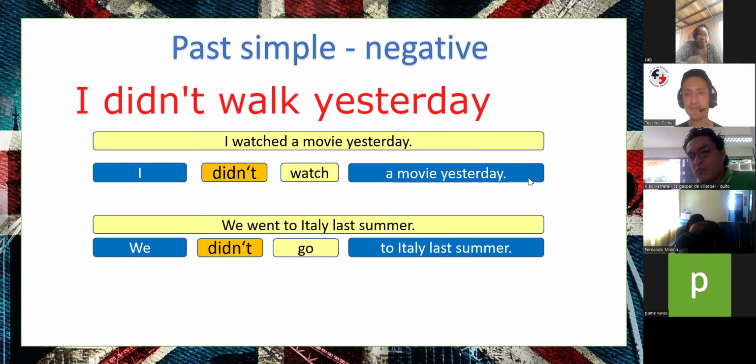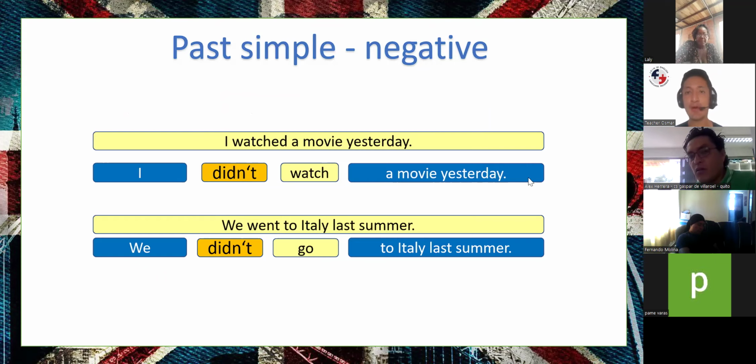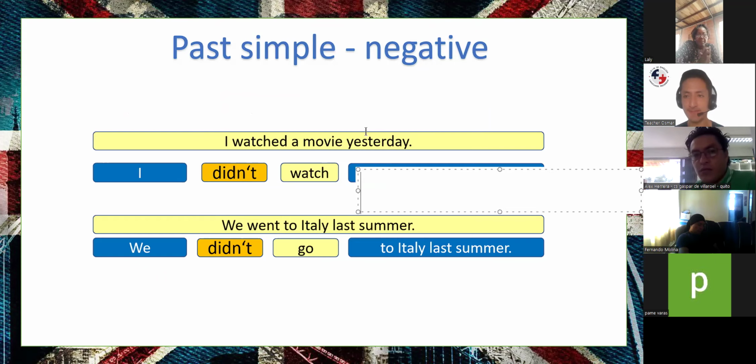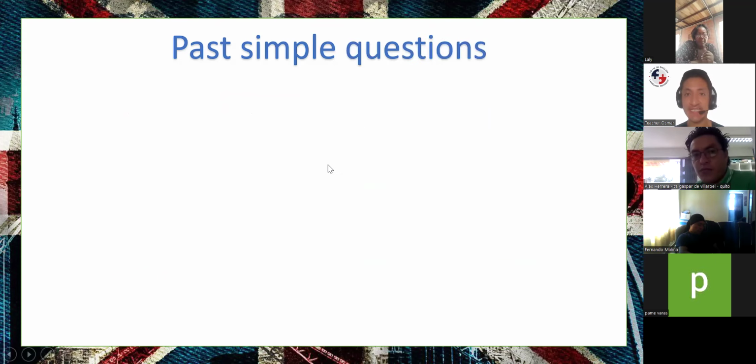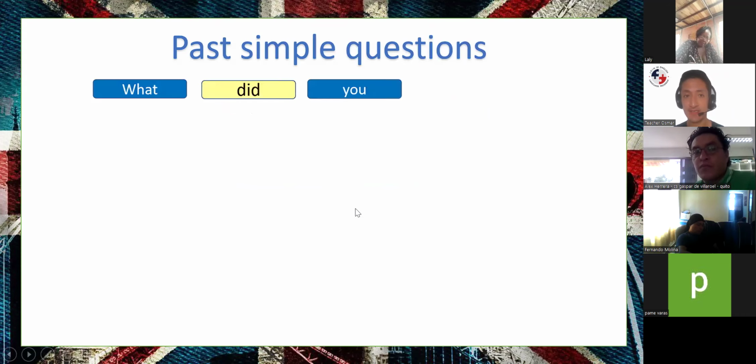Perfect. Vamos a ver ahora, we're going to check now, what about the questions? Okay, how can we make questions in negative, in past simple? In this case, my dear students, the structure is a little bit different, okay?